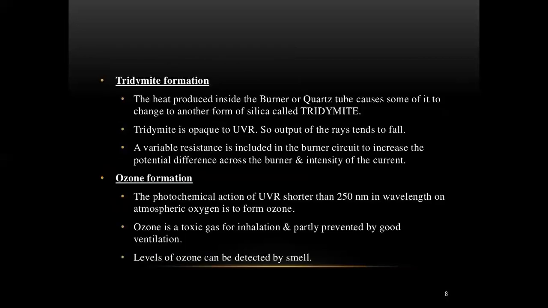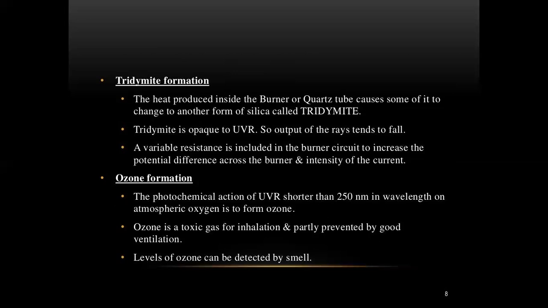The tridymite formation. The heat produced inside the burner of the quartz tube causes some of it to change to another form of silica called tridymite. Tridymite is opaque to UVR, so the output of the rays tends to fall. A variable resistance is included in the burner circuit to increase the potential difference across the burner and the intensity of the current.